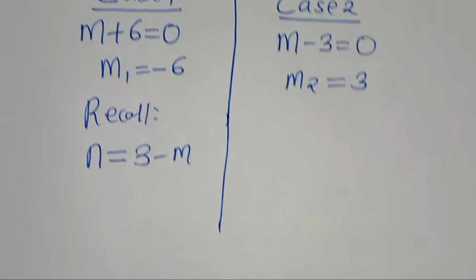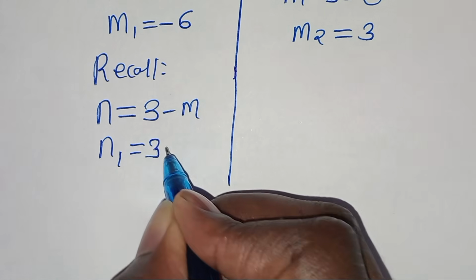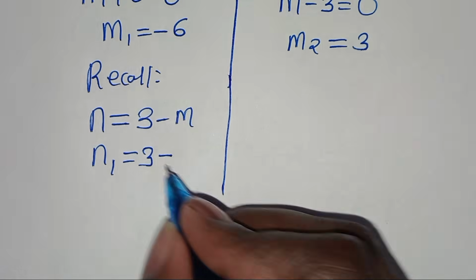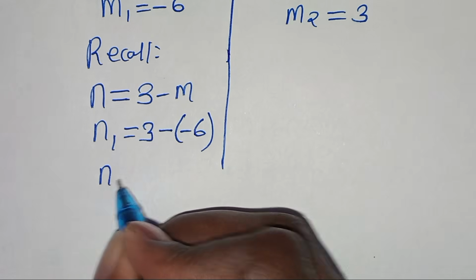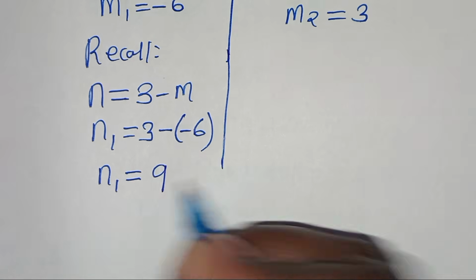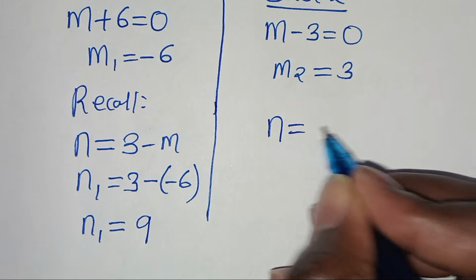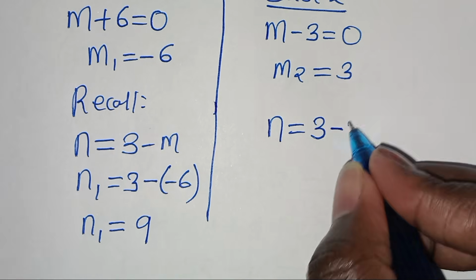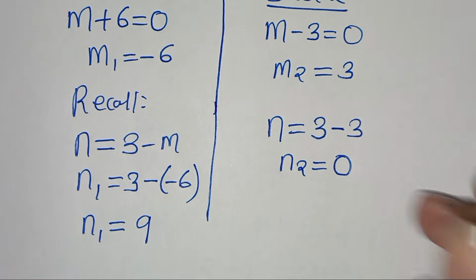So we can solve for n1 in case 1 here. n1 is equal to 3 minus m, and m is minus 6. So this is minus minus 6. And we have n1 is equal to 3 plus 6. This is equal to 9. Now again here we have n is equal to 3 minus m2, which is 3. And this means that n2 is equal to 0.